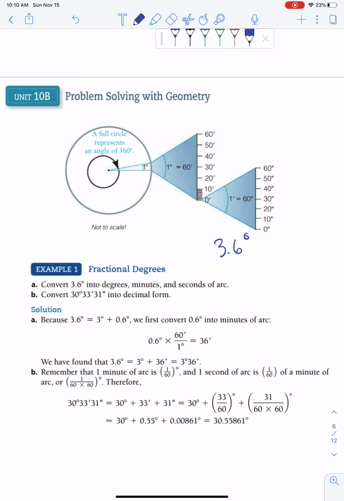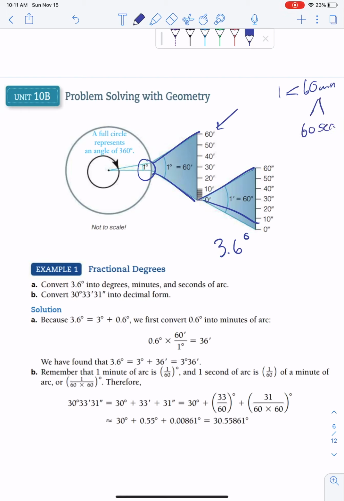So basically, if I have 1 degree and I break that up into 60 parts, each of those are called minutes. Okay, so 1 degree breaks up into 60 minutes, just kind of like 1 hour breaks up into 60 minutes. Same idea. Each of those minutes breaks up into 60 seconds.